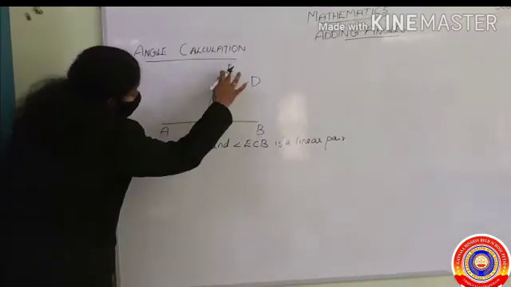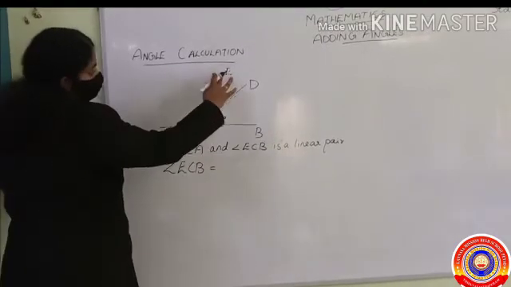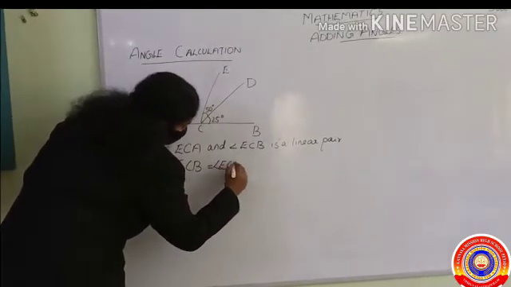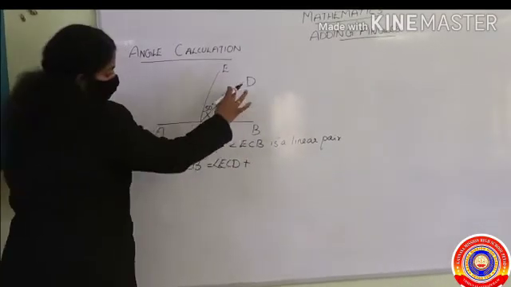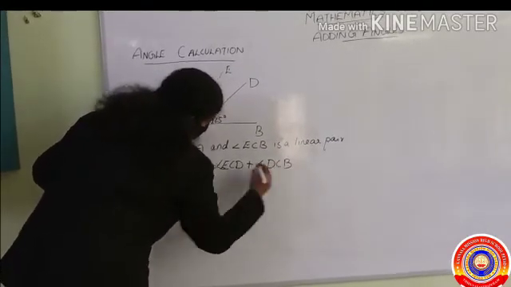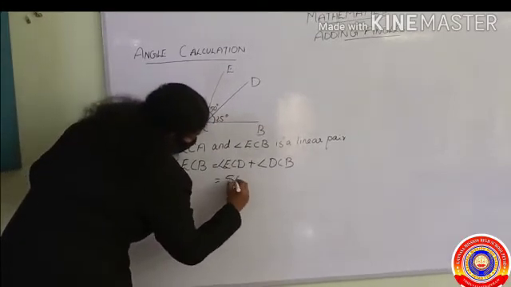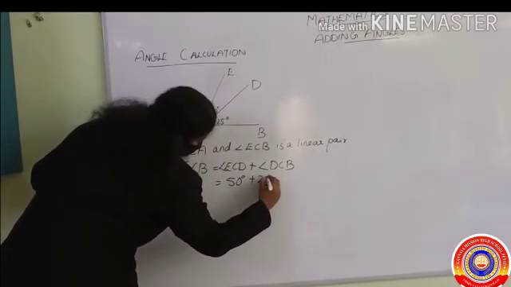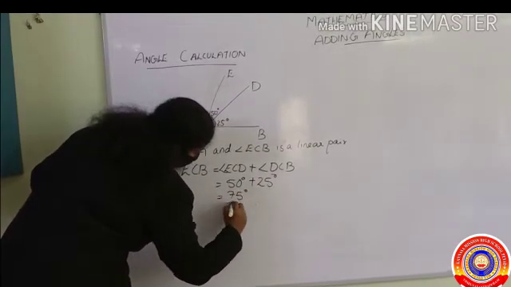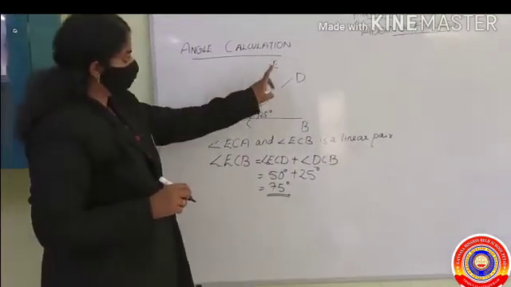Angle ECB is equal to angle ECD plus angle DCB. Angle ECD is 50 degree and angle DCB is 25 degree. 50 plus 25 is 75 degree. So, we got the angle ECB as 75 degree.